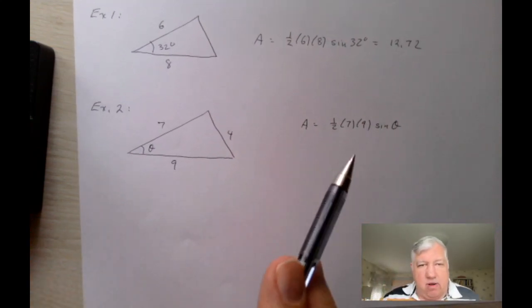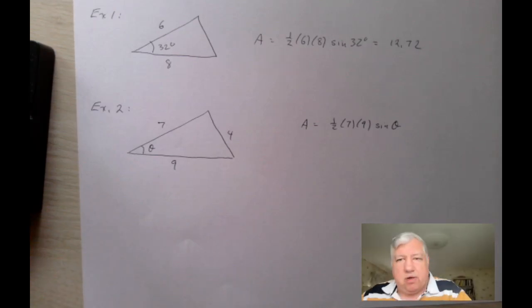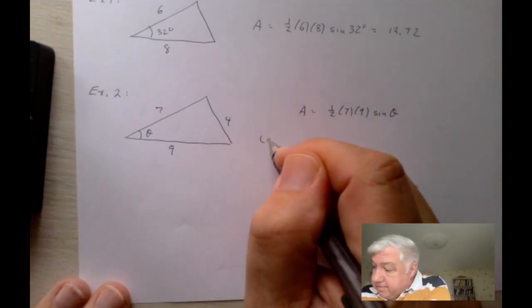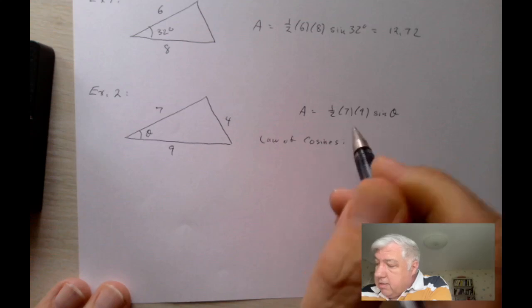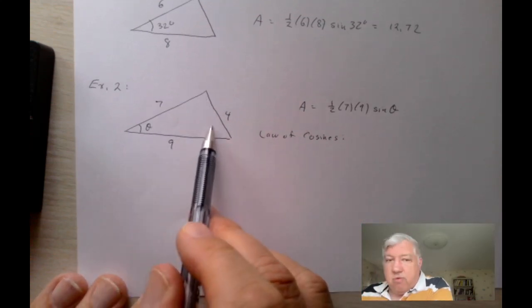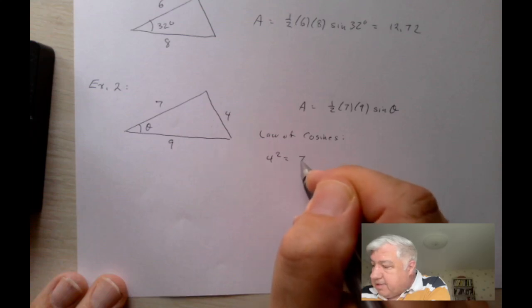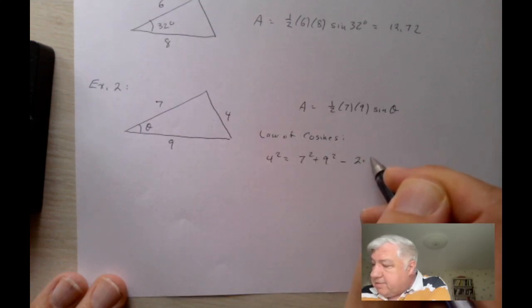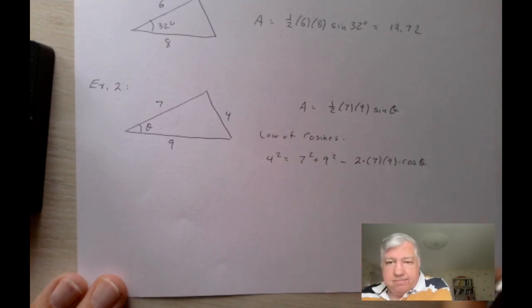What's the sine of theta? Well, let's first find what theta is, and to do that we first find what the cosine of theta is. From the law of cosines, this side is opposite theta, so 4 squared is equal to 7 squared plus 9 squared minus 2 times 7 times 9 times the cosine of theta.